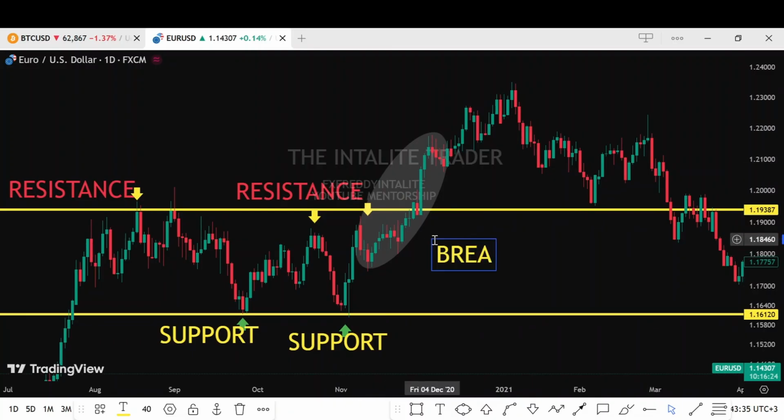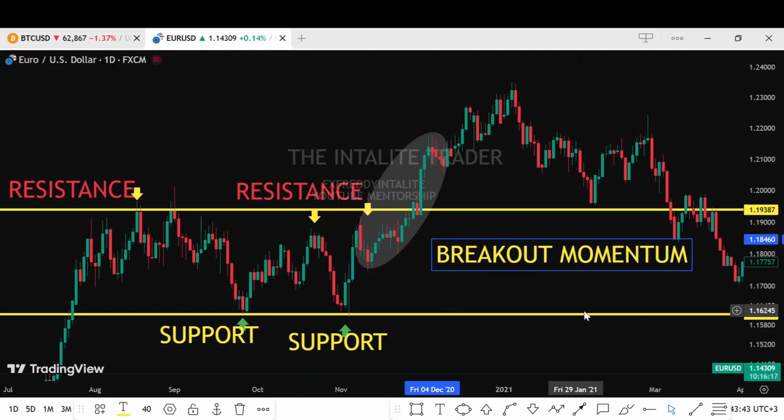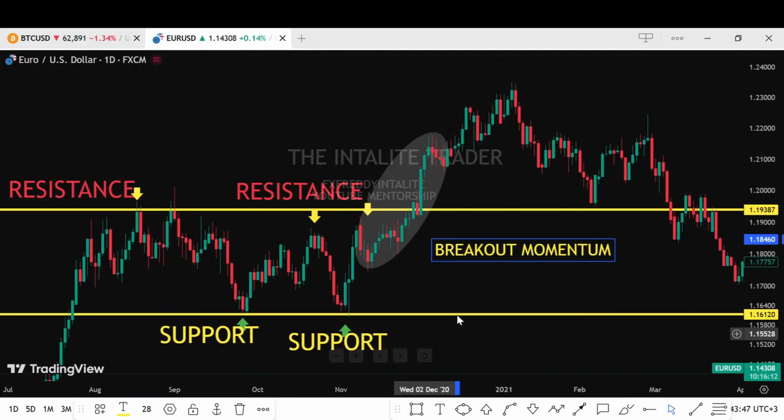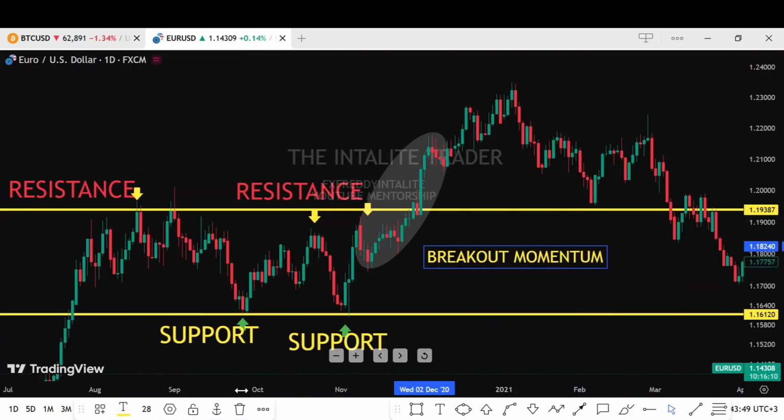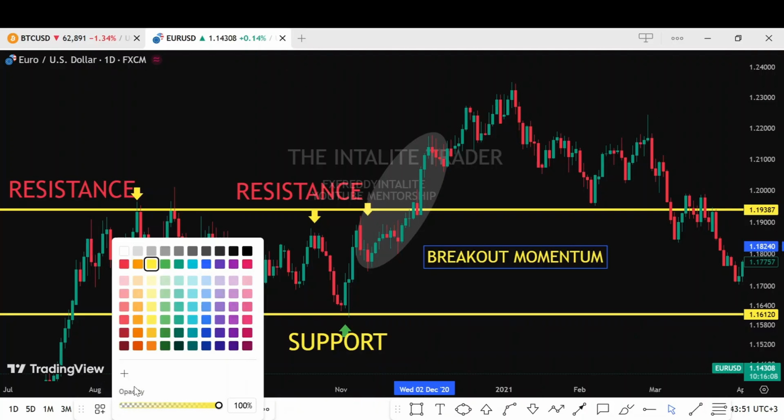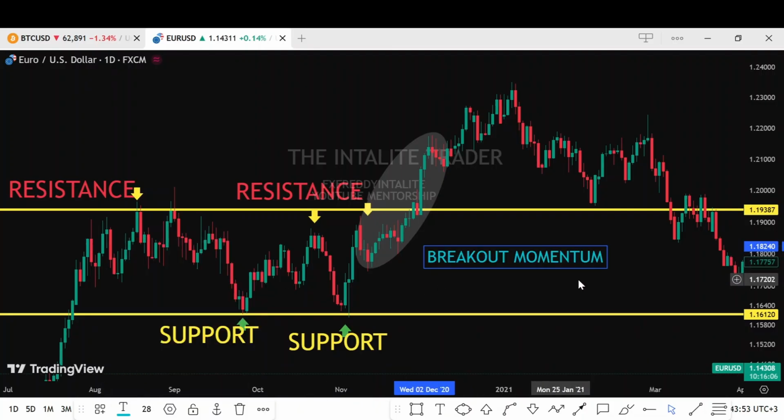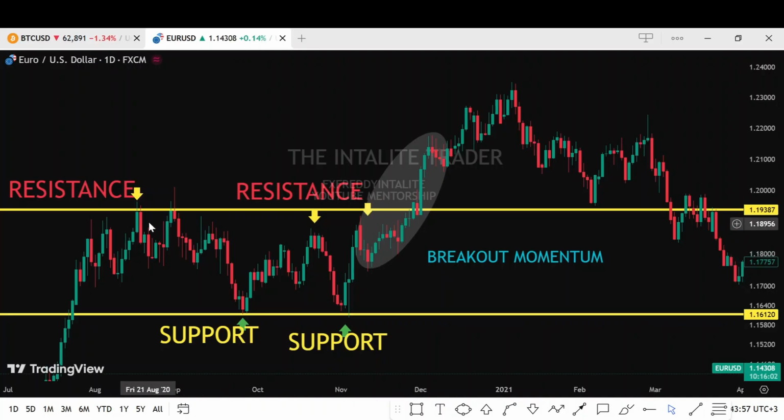Breakout momentum. Why? Because for price to be able to break such levels, we need strong buying presence. Price was in this zone for a long period of time, pushing higher, dropping, pushing higher, dropping.